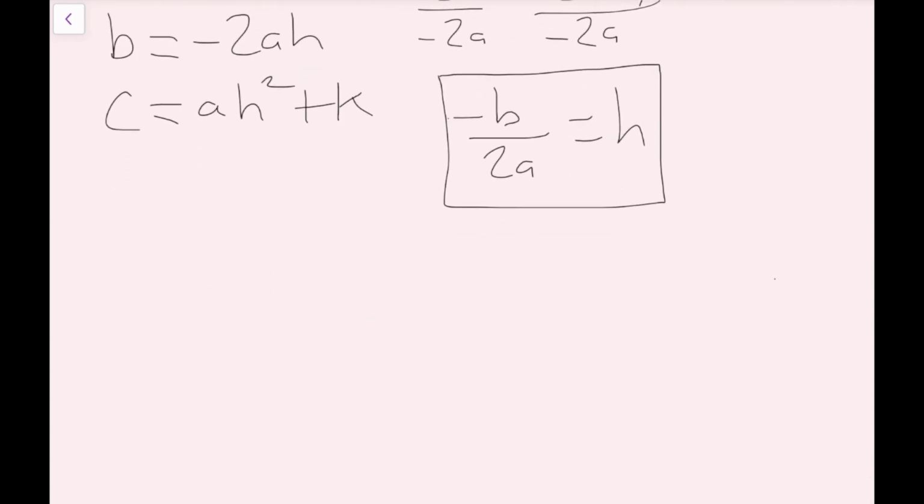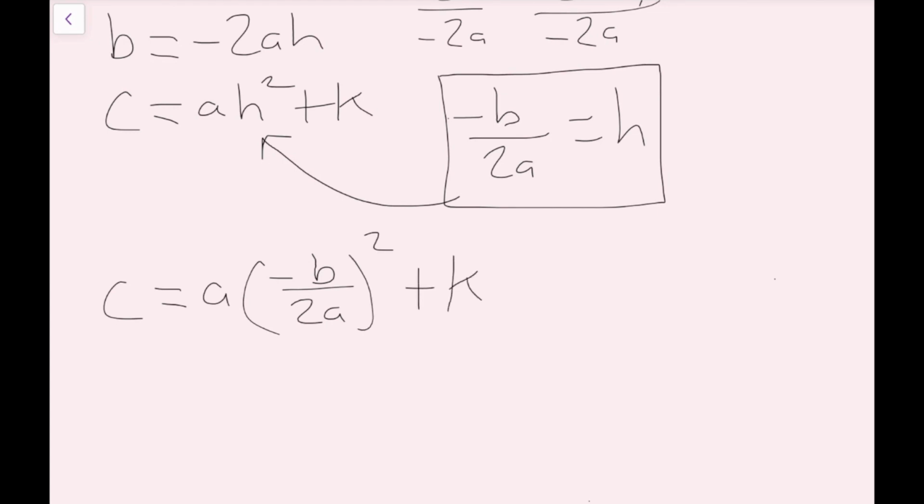So I'll plug this in for my h squared. I get c equals a times the quantity negative b over 2a squared plus k. When I square this out, the negative is going to turn into a positive.